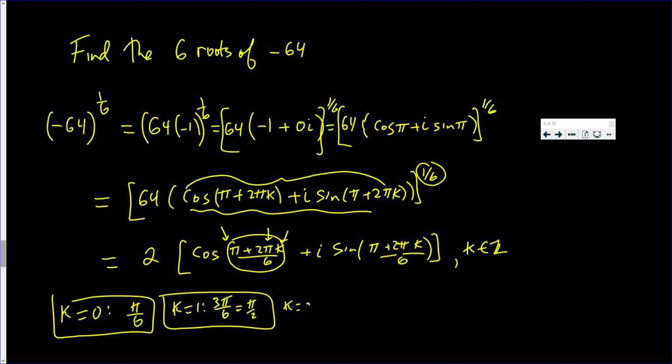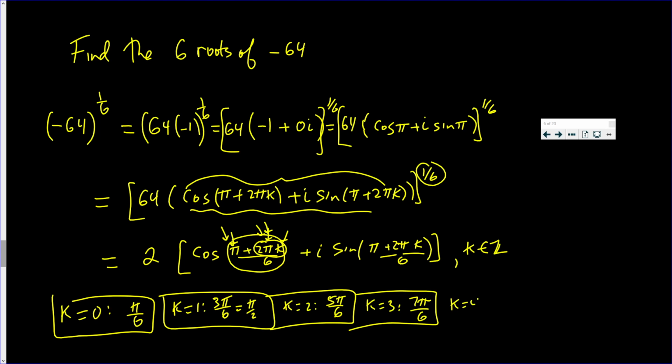If k is 2, then this will be 4 pi plus the pi in the front, 5 pi over 6. If k is equal to 3, that would be 6 pi plus the pi in the front, which is 7 pi over 6.